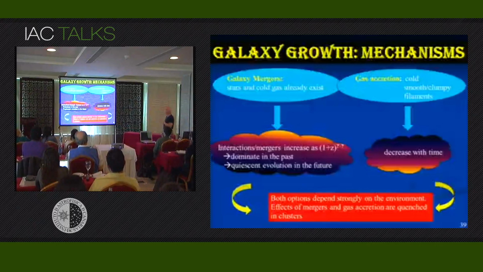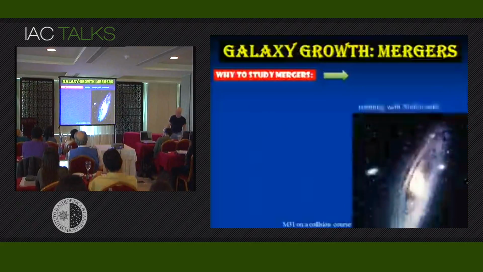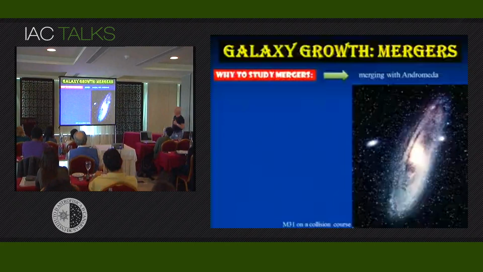It may be smooth, clumpy, may come in filaments, and it is clearly decreasing with time. Both options, left and right, depend very strongly on the environment, and I already mentioned clusters, where the merger process and maybe gas accretion are really quenched.